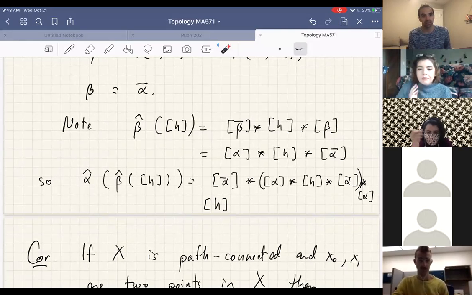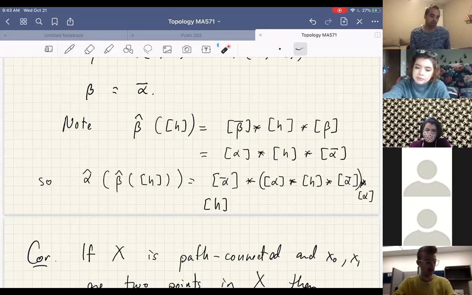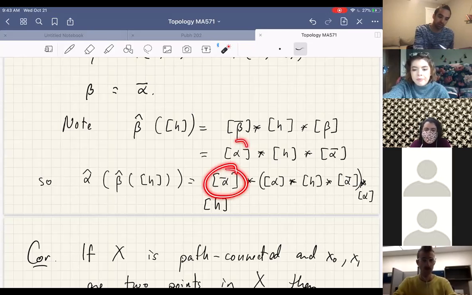It's not canonical. It involves a choice of path, but that's fine. It actually involves a choice of homotopy class of path. Any two homotopic paths will give rise to the same isomorphism, since we're only using the homotopy class of the path alpha.